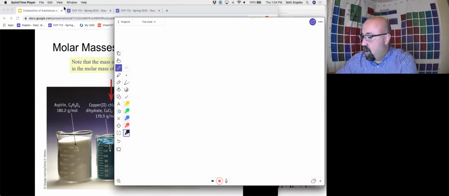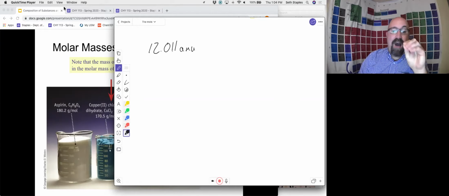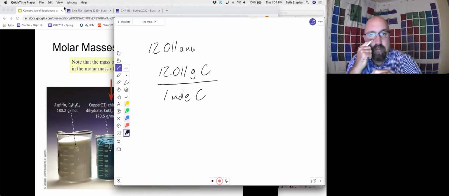So we just looked at carbon, and on the periodic table we said 12.011 atomic mass units. What that really means for us, and the power, so to speak, of atomic mass and the way that we're going to use it, is by now recognizing that there are 12.011 grams of carbon in every 1 mole of carbon.